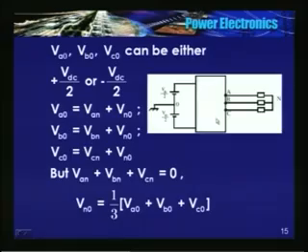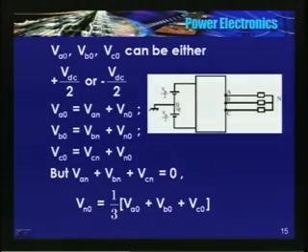Here I will derive a very generalized expression, okay, and you will find that this is a bit simpler. We'll write it in a matrix form, a very simple matrix. So consider an inverter feeding a star connected load.